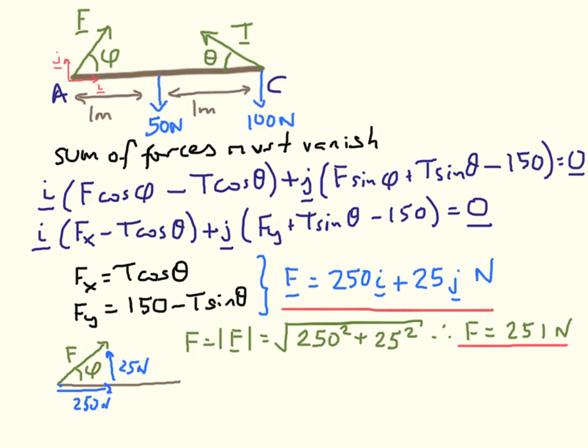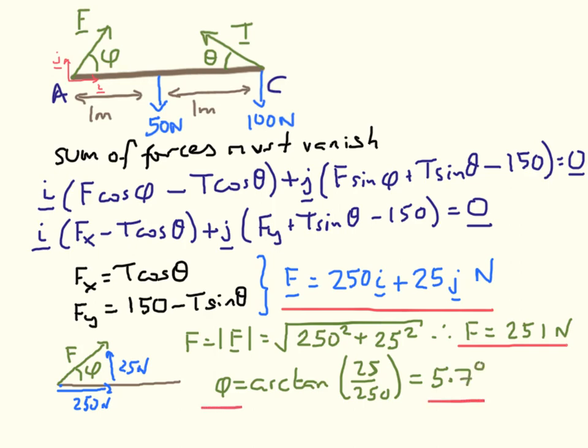And the tangent of phi is that over that, so therefore phi is the inverse tangent, or arctangent, of 25 over 250, so that's the arctangent of 1/10, and what one obtains in degrees is 5.7 degrees.